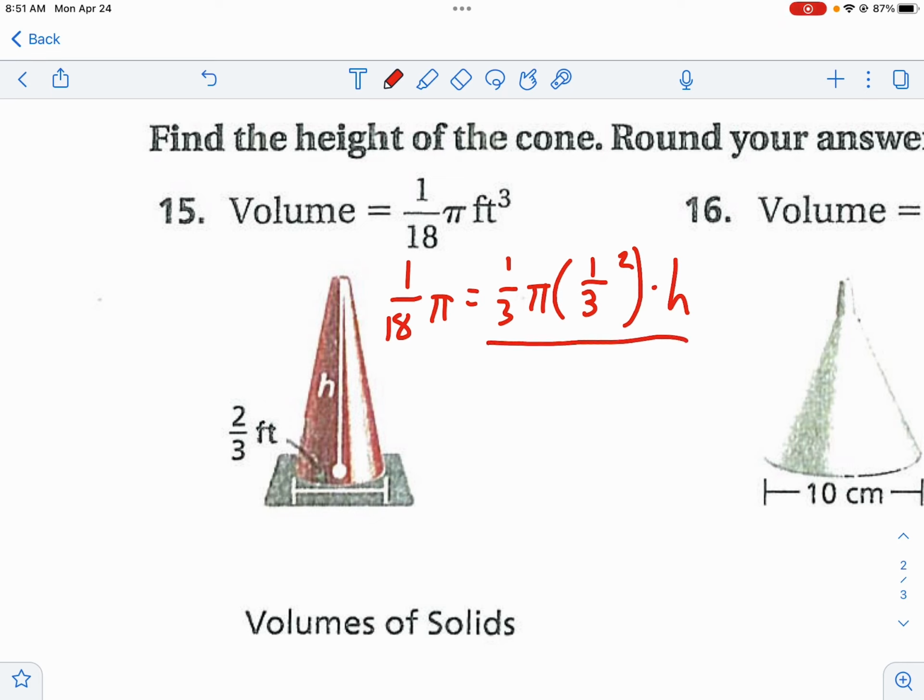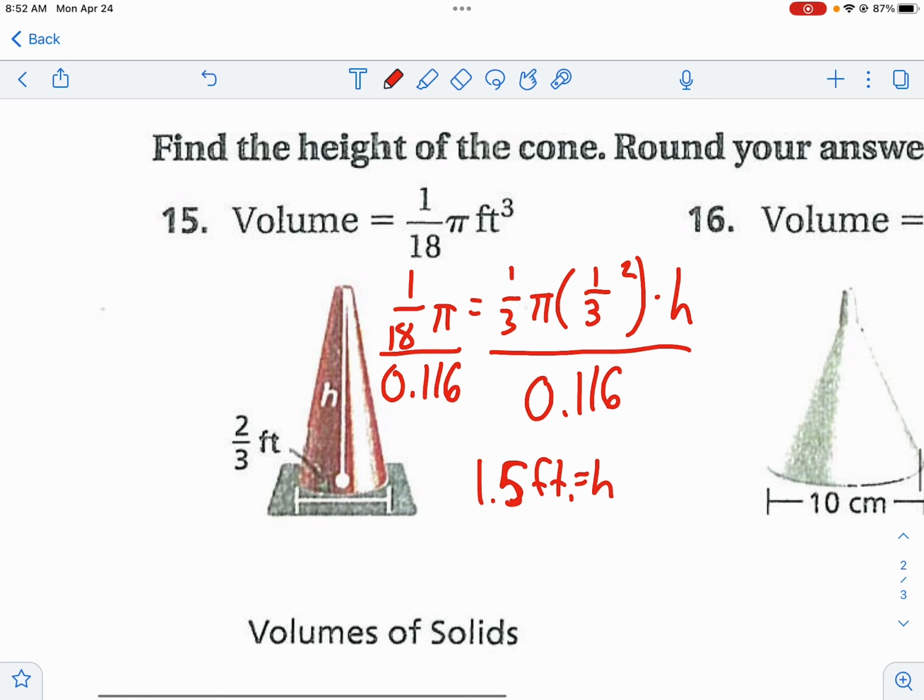So we can divide both sides by 0.116. We should get 1/18 divided by that number. So 1.5 feet is our height.